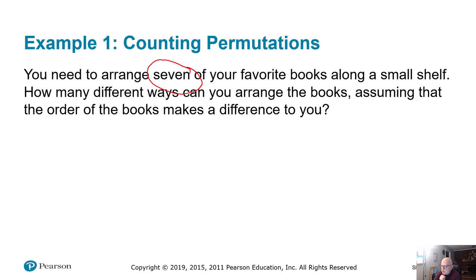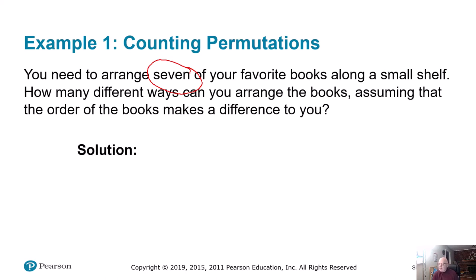For example, maybe you have someone that you know is interested in math. So maybe putting the math book first is important. Or maybe someone is coming that is interested in historical things. So maybe you want the history book to be first, and then another one second, and so on. How many ways can you do that if you have 7 different of your favorite books?